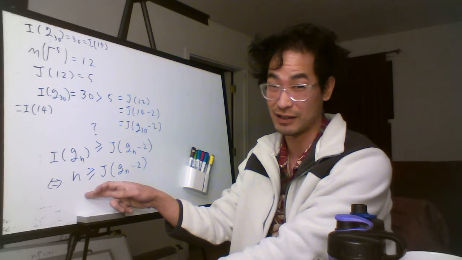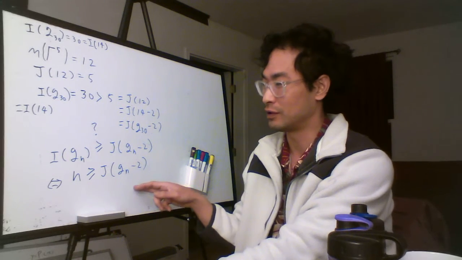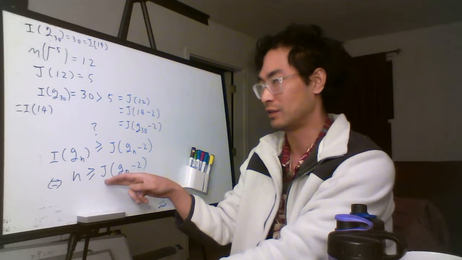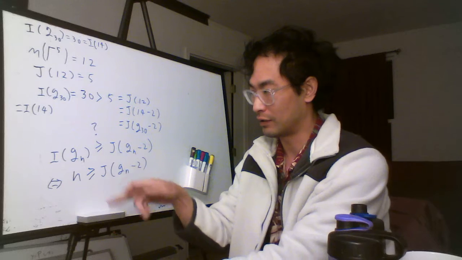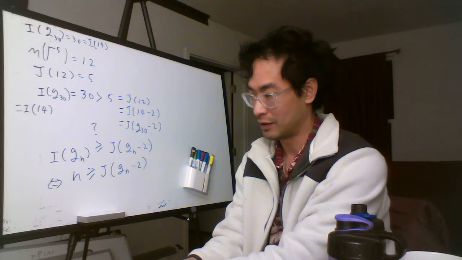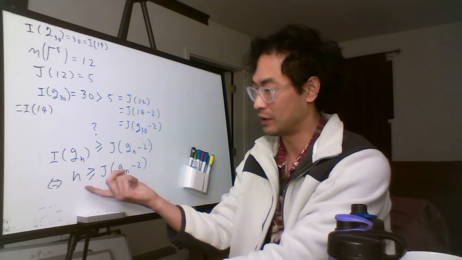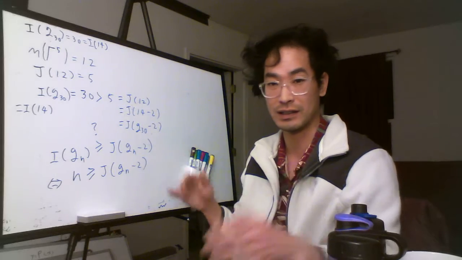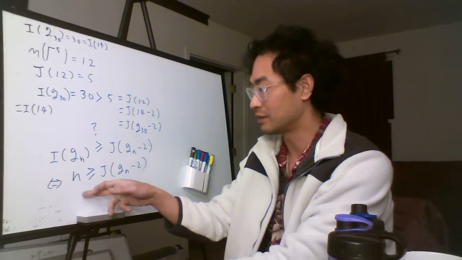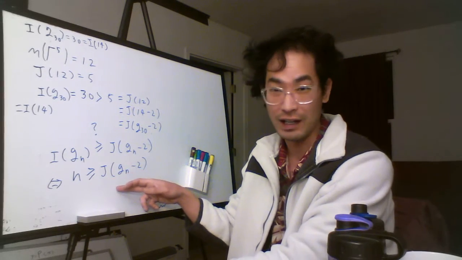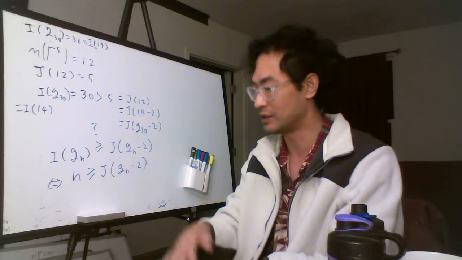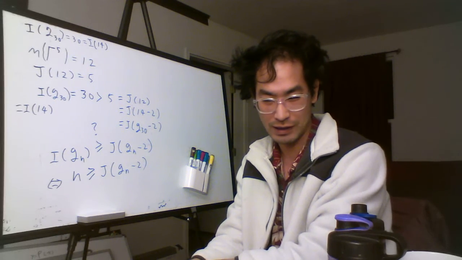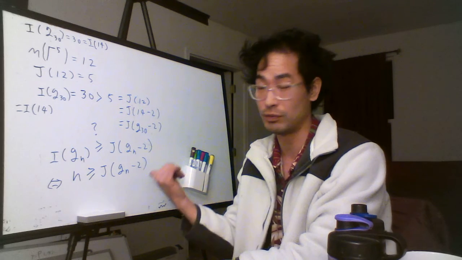It should not be too difficult to prove this inequality, because the gap is pretty big. Like 30 is, of course, bigger than 5. It's not a tight inequality. It's a very loose, easy inequality. So that's why I'm guessing it shouldn't be too difficult to prove.